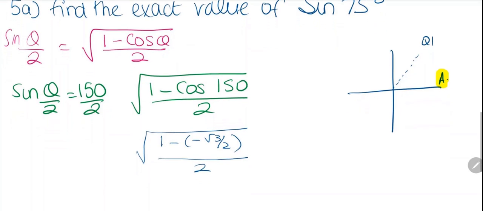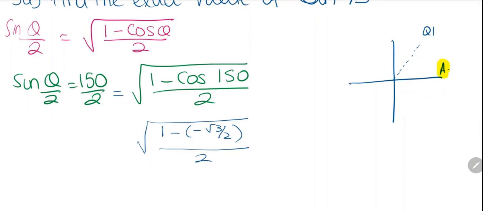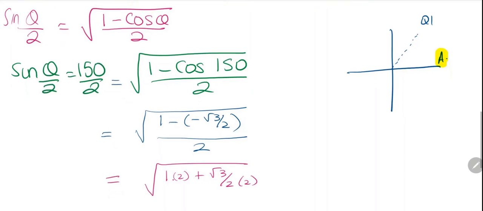So now to simplify, I'm going to multiply all my terms by 2. So this is going to be plus root 3 over 2, which I'm going to multiply by 2.